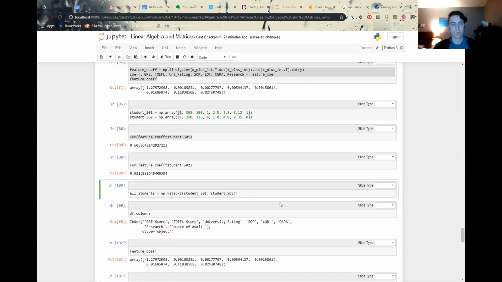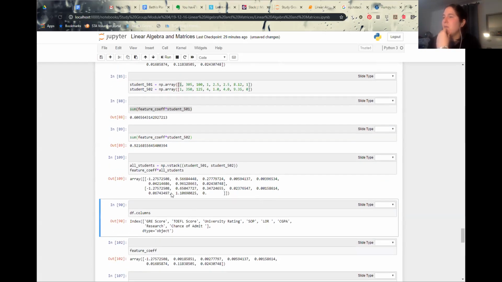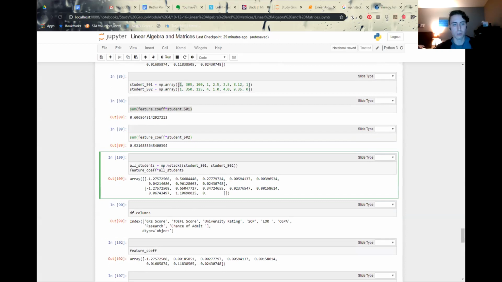Okay. And then this would be, we would want, sure, times all students. So maybe try doing the dot product: all students dot feature coefficients.